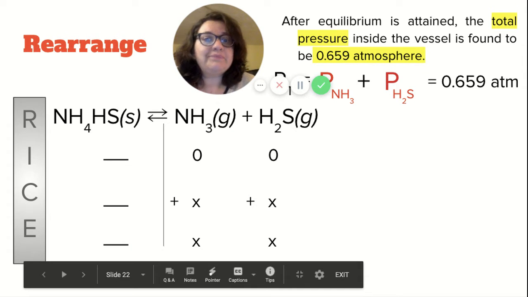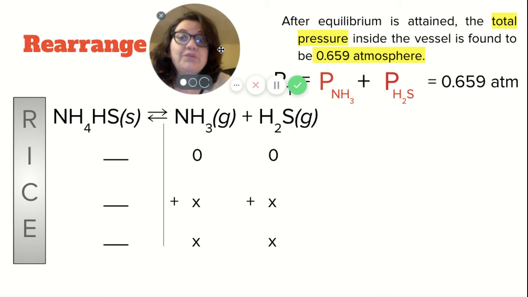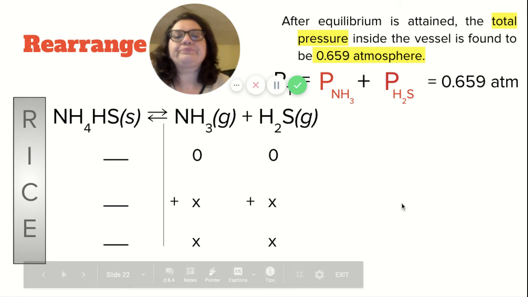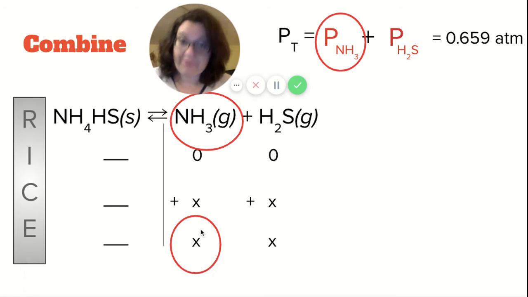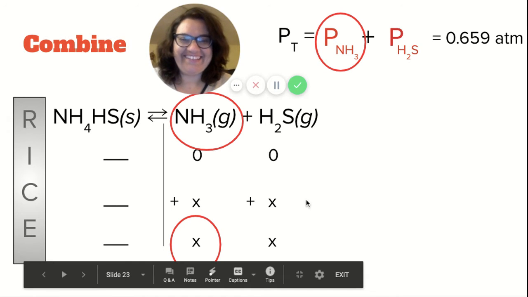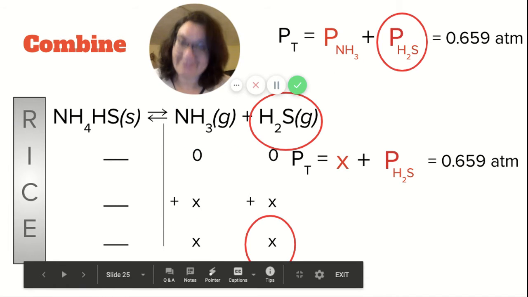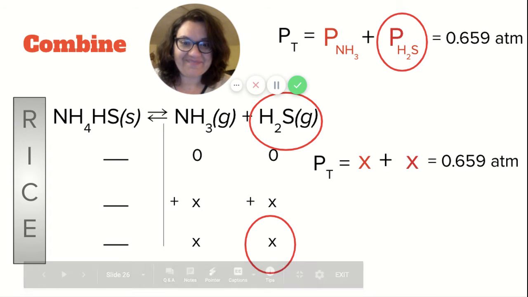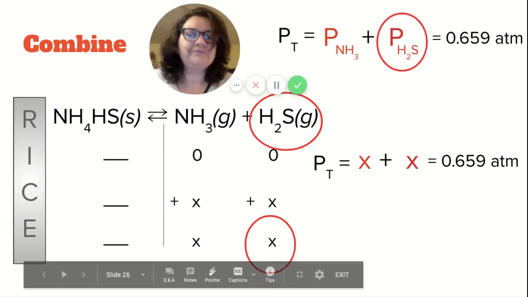I've just pointed out that the total pressure has to equal the sum of those two things, because those are the only two things that are available. Okay. What's the partial pressure of NH3? Why, at equilibrium, the partial pressure of NH3 equals X. What's the partial pressure of H2S? Why, at equilibrium, it also equals X. So now I have algebra that I can deal with. So X plus X equals 0.659. I wonder how big X is. Pause. Solve it yourself.